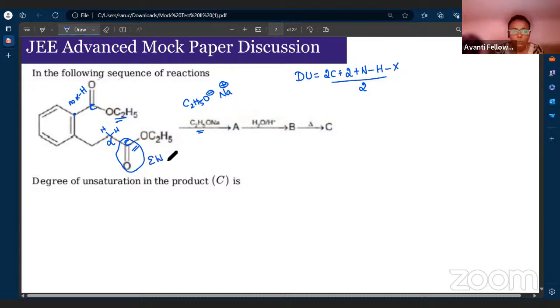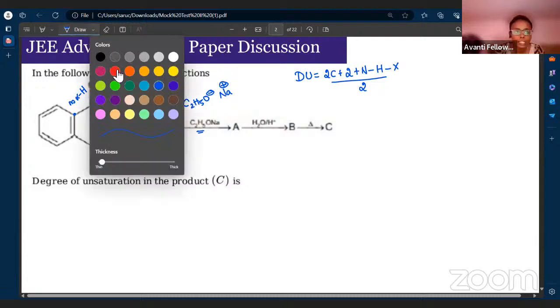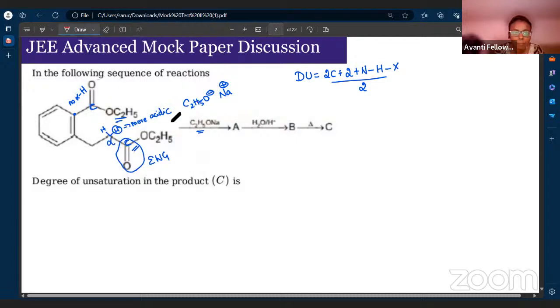So it will withdraw the electron towards itself. So I can say that this hydrogen is more acidic. C2H5ONa will take up the hydrogen as C2H5OH.